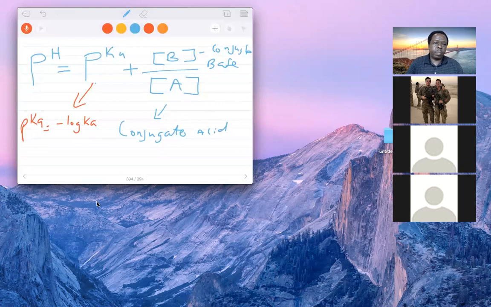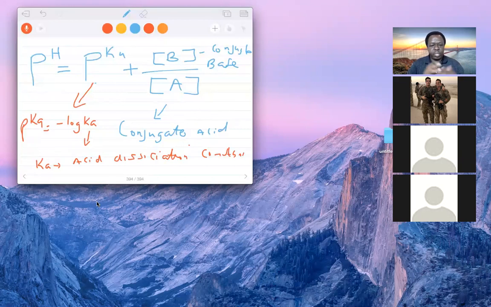How are you going to determine the pKa for your weak acid? This is the Ka. Ka is just the acid dissociation constant over the weak acid.